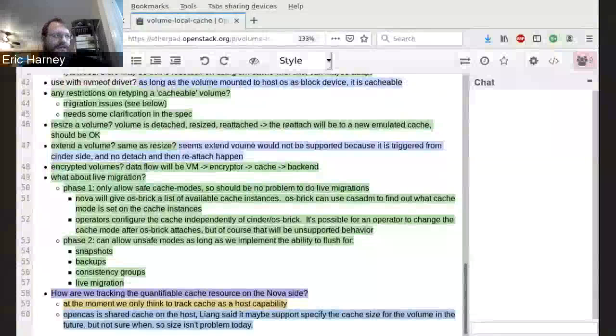If in the future we're going to support other cache methods, which I think is the theory, there's a lot of questions around how types actually work at that point, because the volume types, as described in the spec, just say cacheable, yes, no, and then if we end up with different ways to cache things, we have to figure out how you determine which one you're using and if that needs to also be in the type.